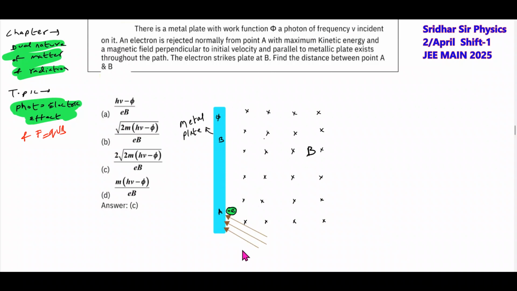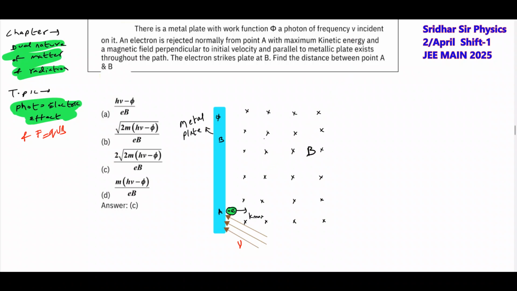Frequency of the incident light is nu. An electron is ejected normally from point A with maximum kinetic energy. Then a magnetic field perpendicular to the initial velocity and parallel to the metallic plate exists, uniform throughout the path. The electron strikes the plate at B. Find the distance between point A and B.